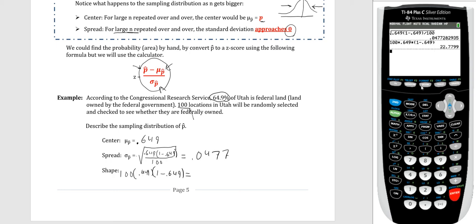It doesn't exactly matter how big the exact number is. I'll just round to 22 or 23, it doesn't really matter. All that matters is that it's bigger than 10. As long as it's big enough, then we're good. That's condition 1. We also need to check our second condition: whether our sample is small enough compared to the population. The first condition is whether the sample is big enough, but we also need it to be small enough.